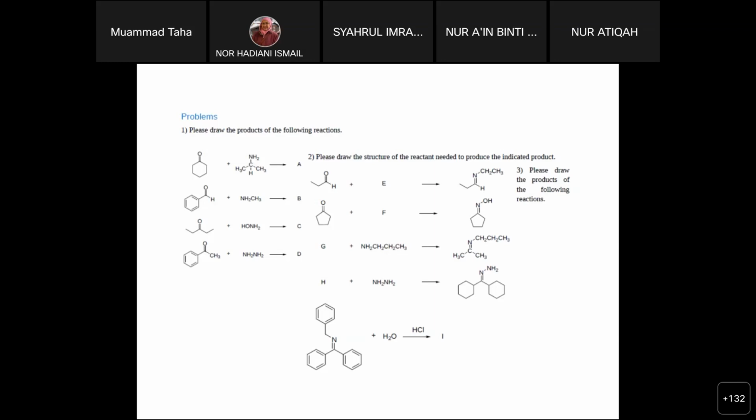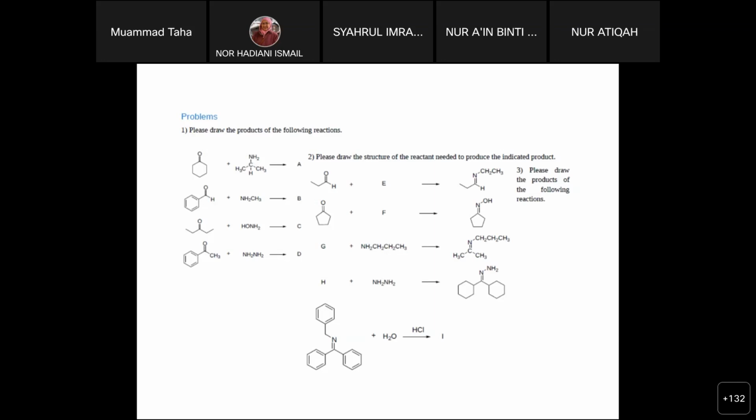In the case of this one, B, this is also a primary amine. Am I right? A primary amine reacting with an aldehyde, what will be the product? Also imine. Yes, good. The third one is oxime, because we consider only this nitrogen NH2.